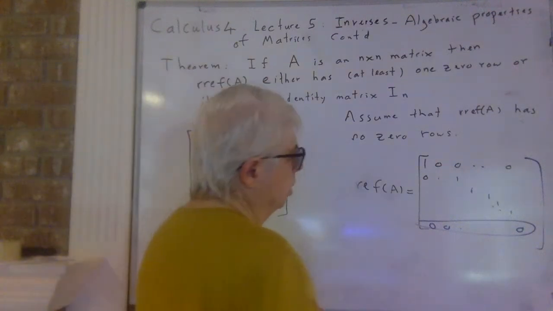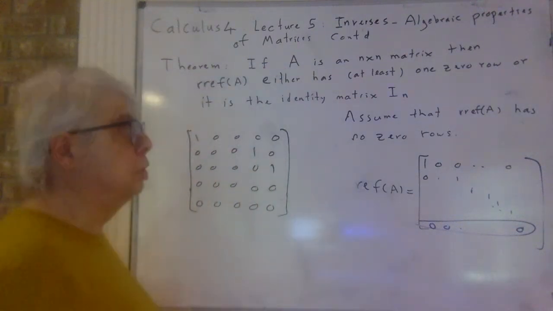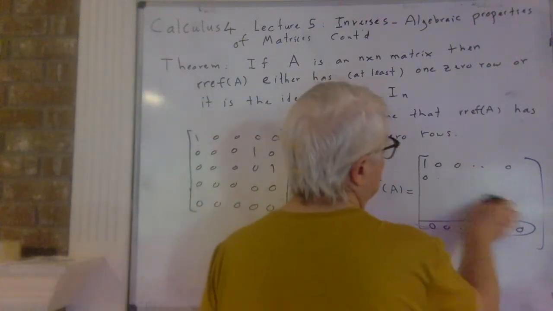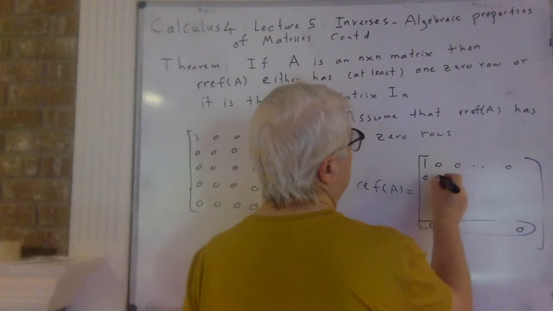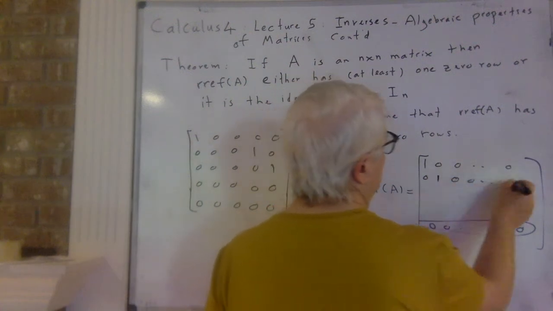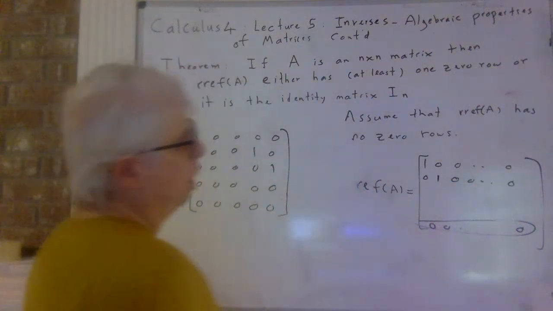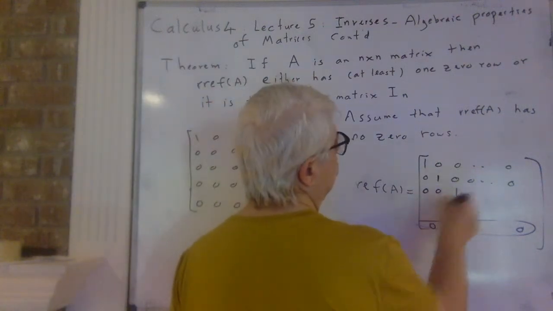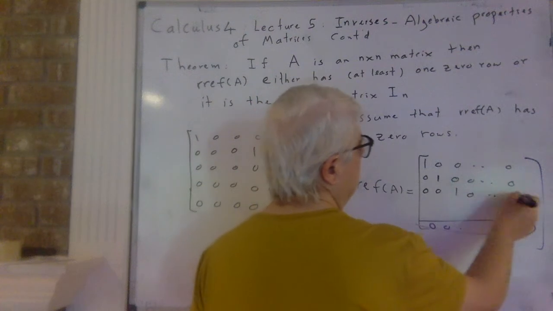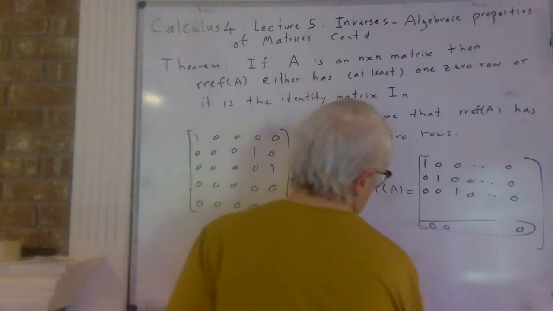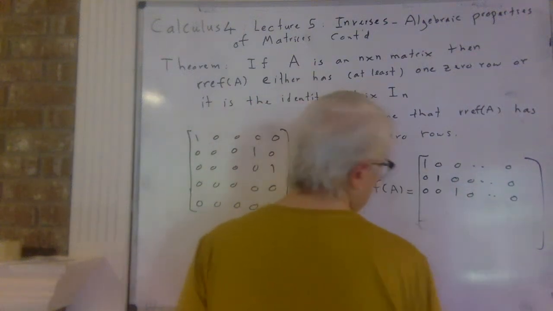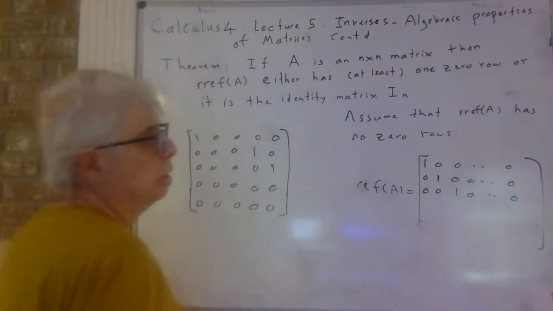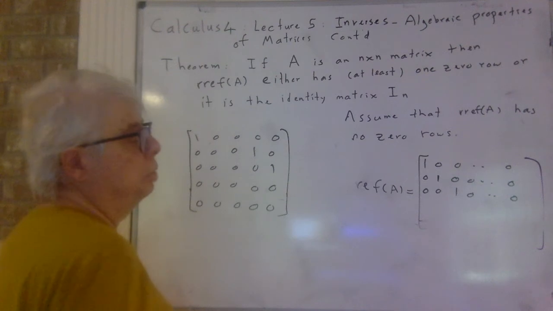So, since I assumed there are no 0 rows, this second one should be here. Well, the same argument gives me that the third one should be here. Otherwise, I will get a 0 row, and so on. So what happens? It means that all the ones should be in the diagonal position so that we do not get a 0 row.